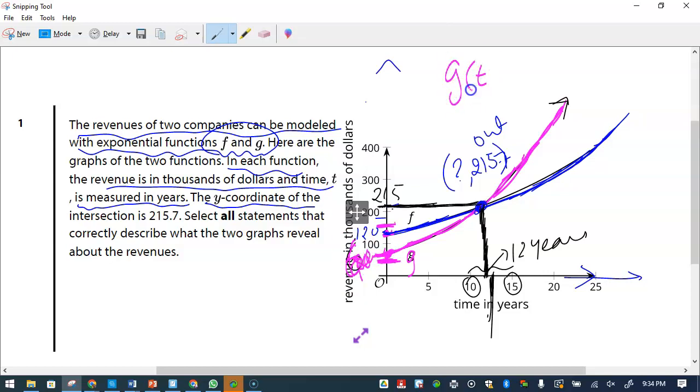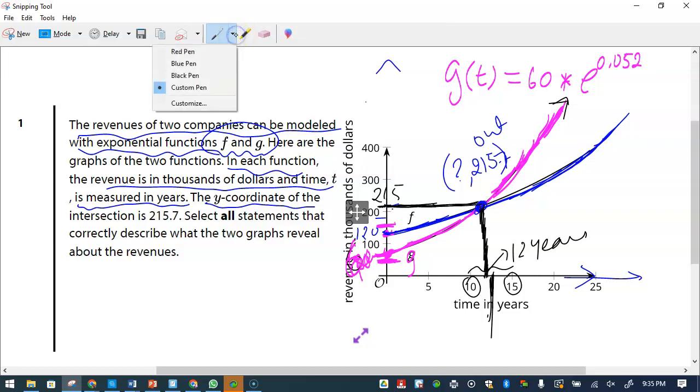I can say g(t) starts at 60, maybe, and then it's growing continuously. So I'll put e raised to, and we don't even know the rate, but the pink color is growing faster than the blue color. So maybe I'll put 0.052, which means 5.2%.